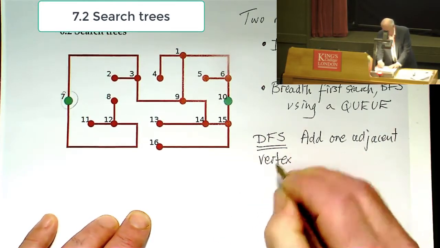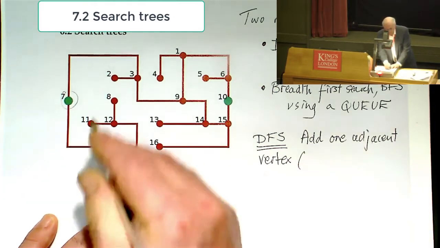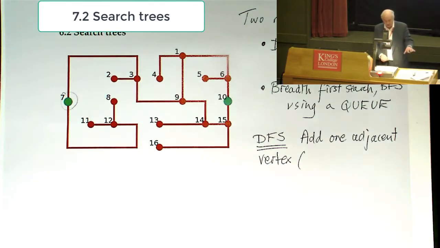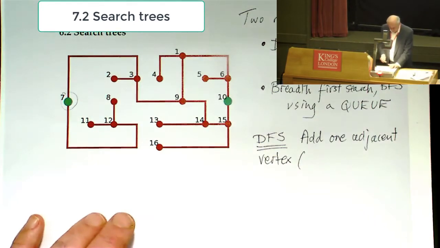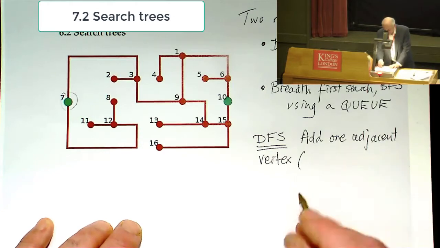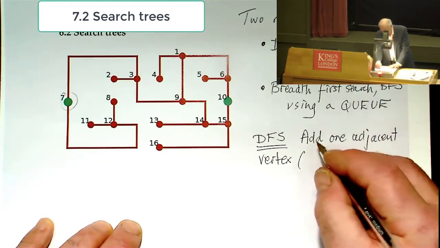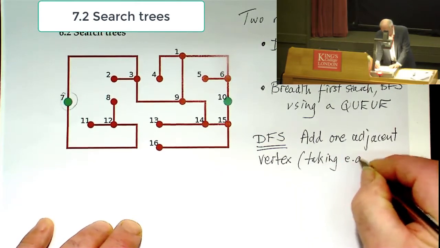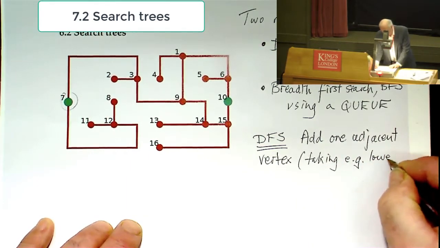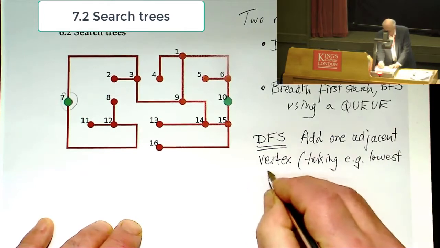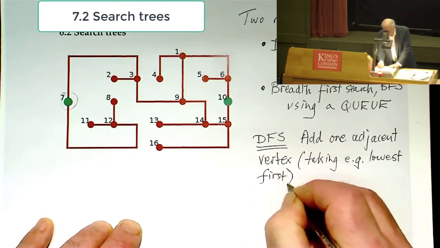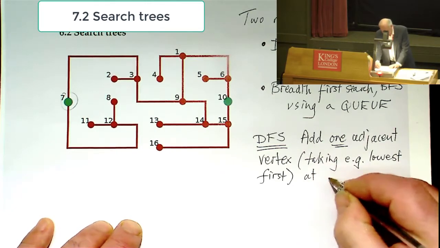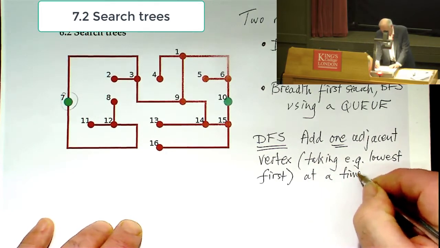And typically, if they're labelled, we take, say, the lowest one, or the lowest one in the alphabet if they have letters. So only one adjacent vertex at a time to the stack.